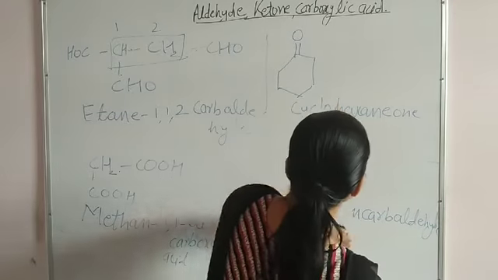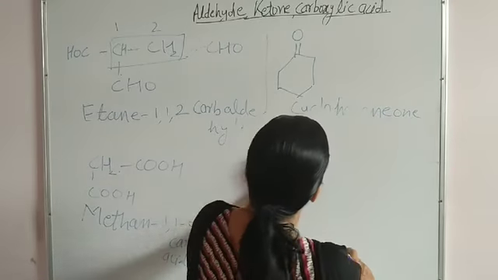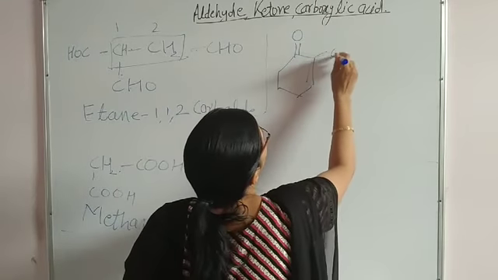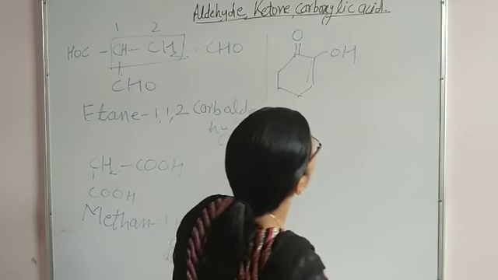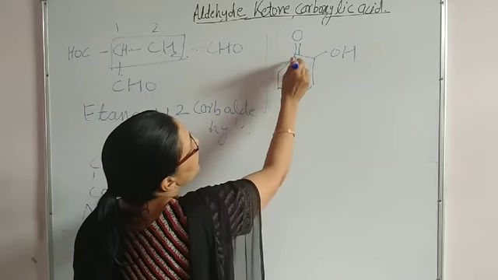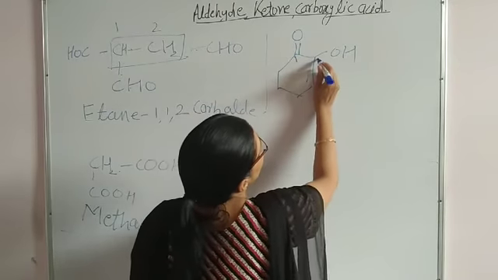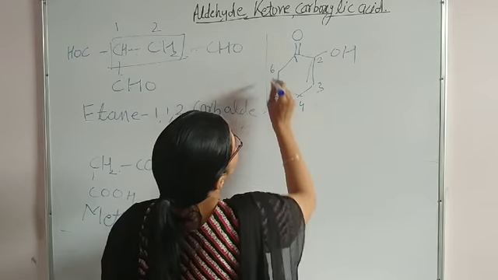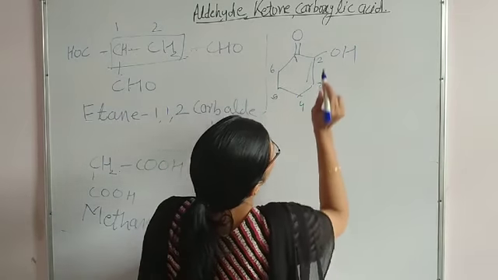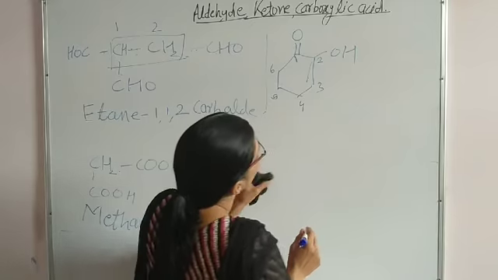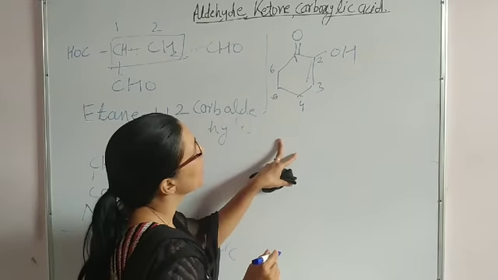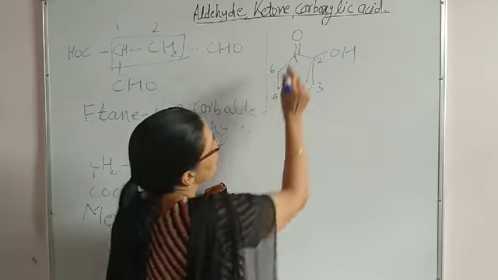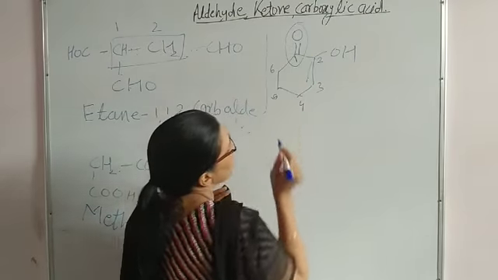In the same row, suppose any substituent is there, then you need to give numbering according to the priority rule. This carbon is prior, it will get 1, then 2, 3, 4, 5, 6. So 2 and 3. Your habit should be in this manner that first you write the naming for this carbonyl group.